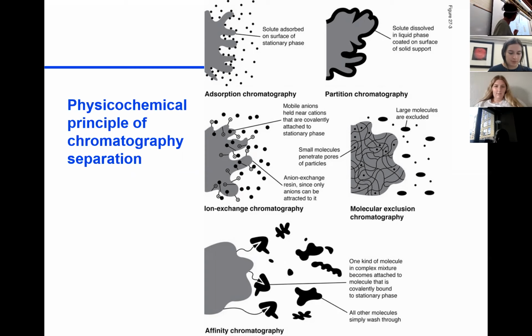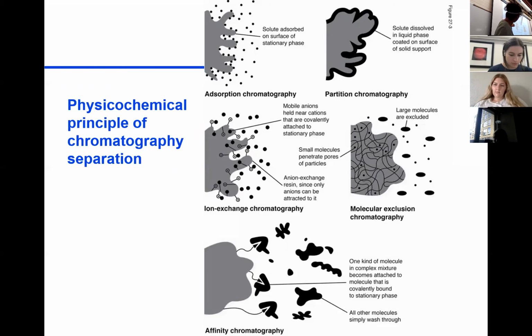These interactions can be ionic, so ion exchange is a form of adsorption chromatography. It could be affinity chromatography, and hydrophobic interaction chromatography can also fall under adsorptive chromatography.